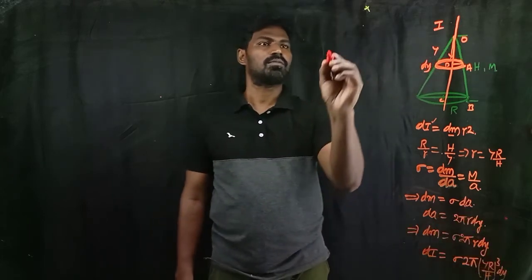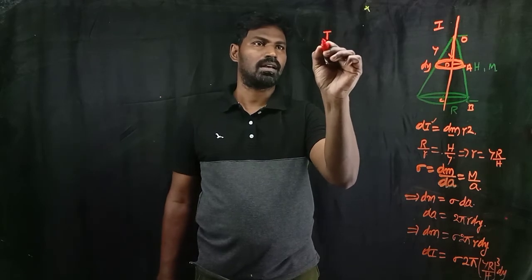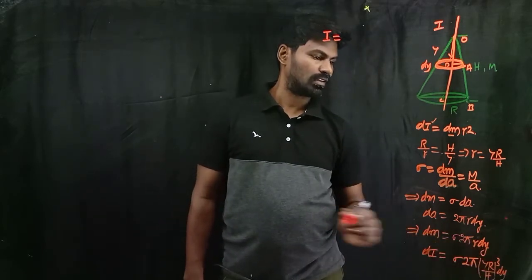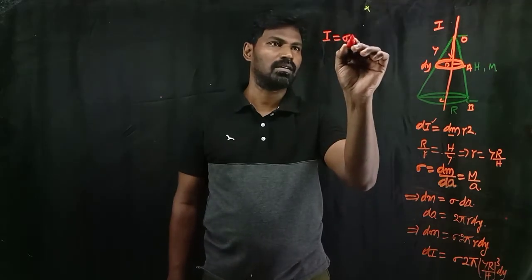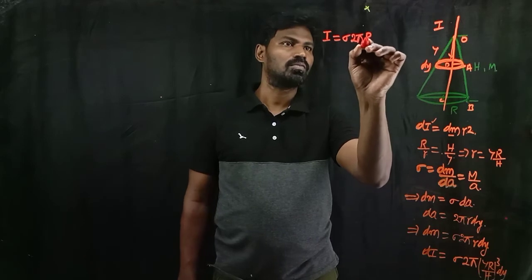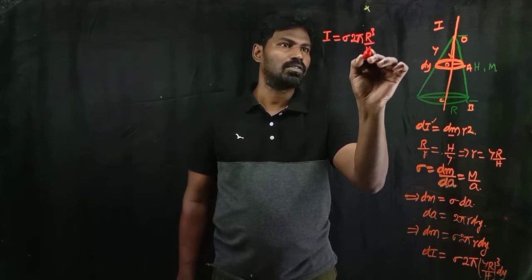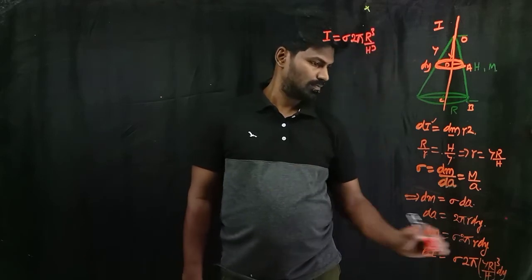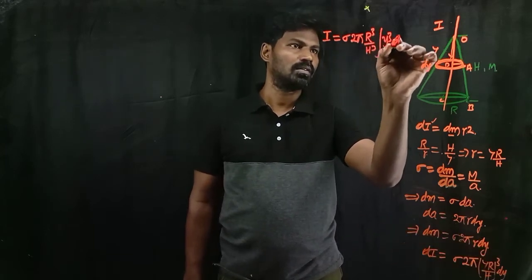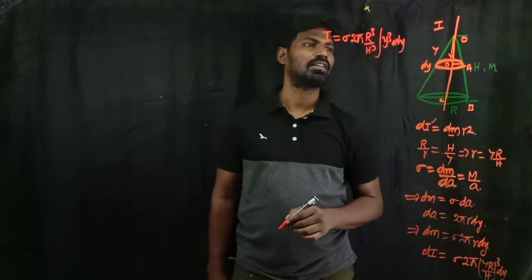Therefore, the total moment of inertia is given by capital I is equal to sigma 2 pi, all these are constant, so sigma 2 pi into R cube divided by H cube, into the integral of y cube dy. What are the limits of integration for y?